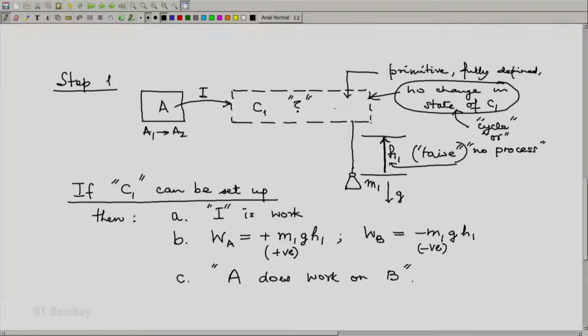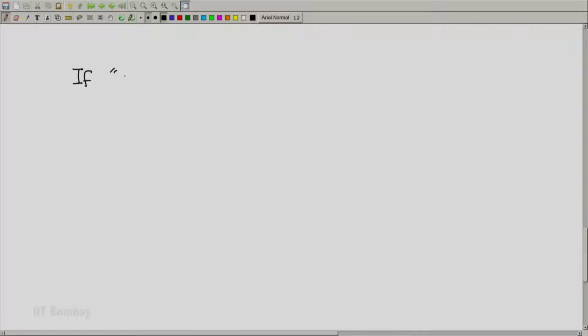But it is possible that we are not able to set up this required system C1, and the conclusion is possible only if we can set up C1. So it is possible that C1 cannot be set up. So the next step is, if C1 cannot be set up as specified, then we go to step 2.